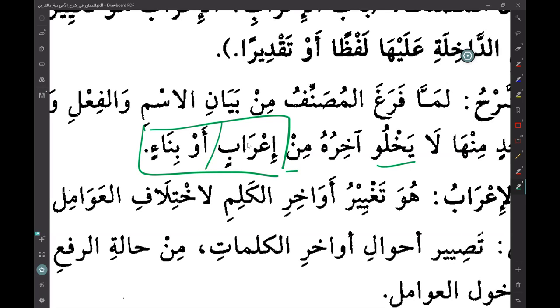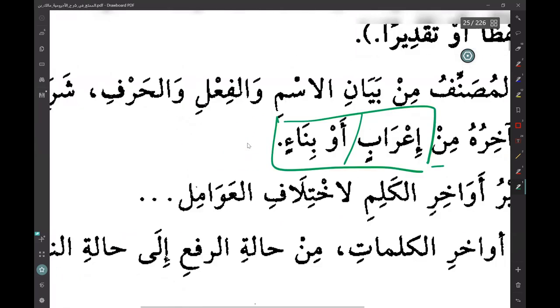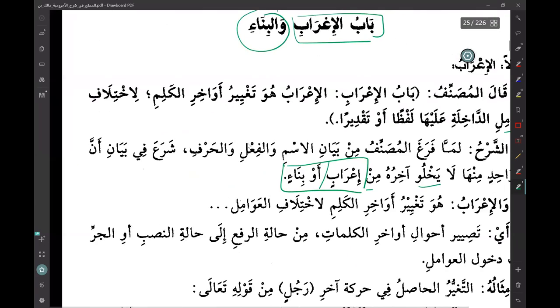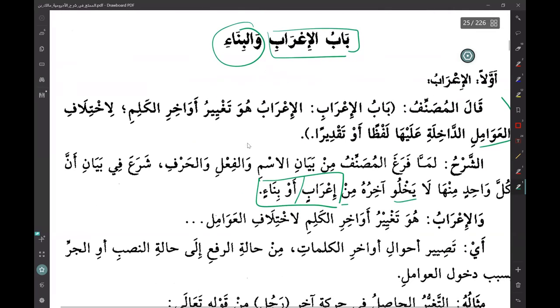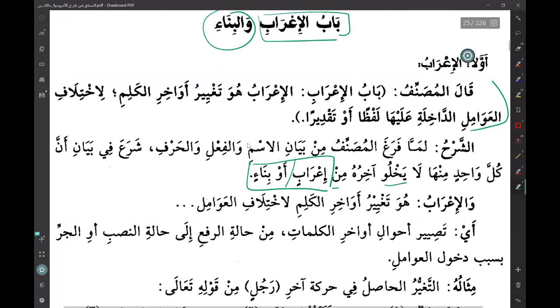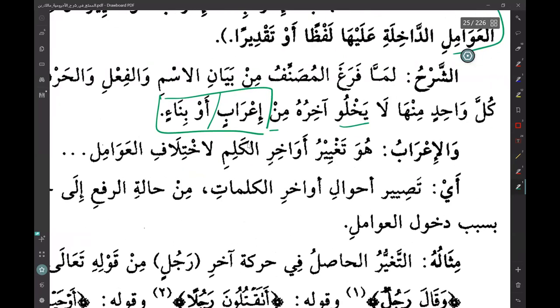You understand? So what he's saying is that any words we have, ism, fail, or harf, has to be either something mu'rab, something that is changing, or something that is bina, something that is fixed. Interestingly, that's not what the author said, because the author actually didn't mention the bina, but it is nice that he is bringing this topic.